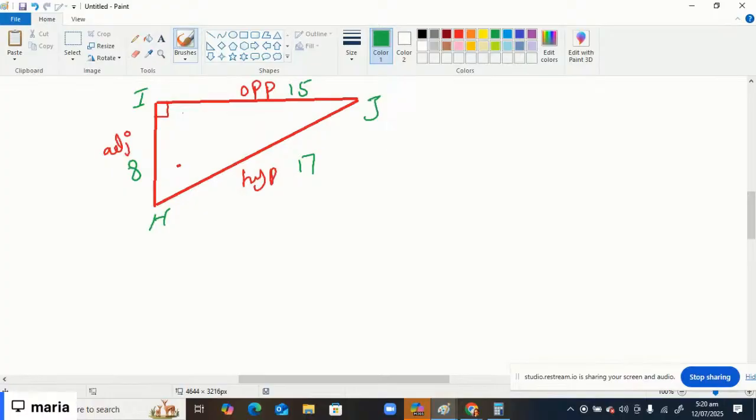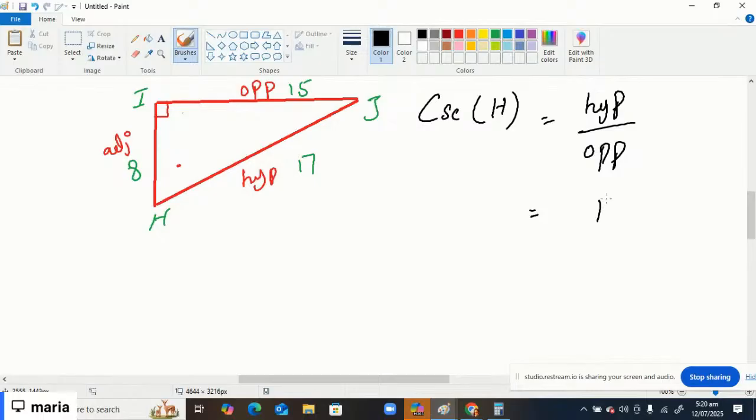Finding cosecant of angle H. Okay, so we are finding cosecant of H. So what is the formula for cosecant of H? This is hypotenuse over opposite. We already wrote it down. What is the hypotenuse? That is 17.